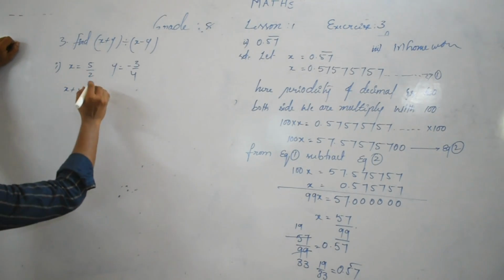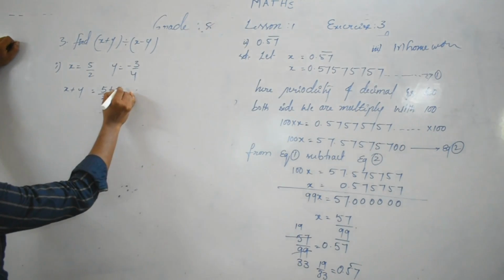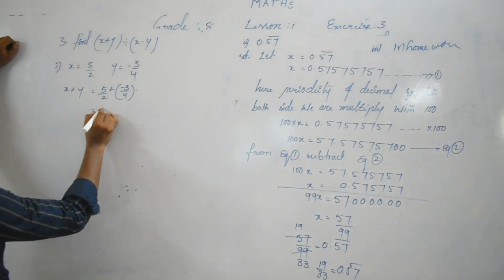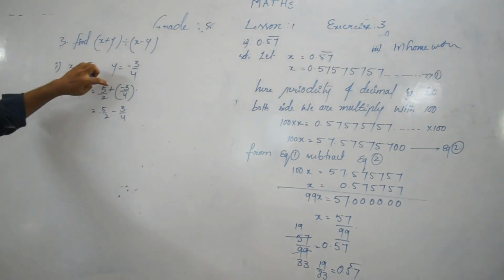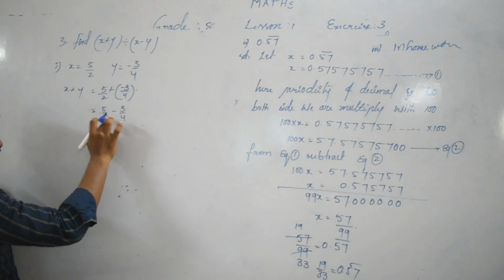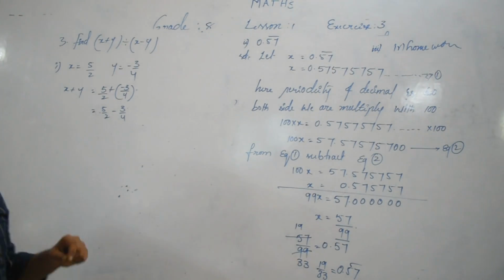how to write? 5 by 2 plus minus 3 by 4. So 5 by 2 minus 3 by 4. Plus into minus. So denominators are not equal, we convert them to equal.